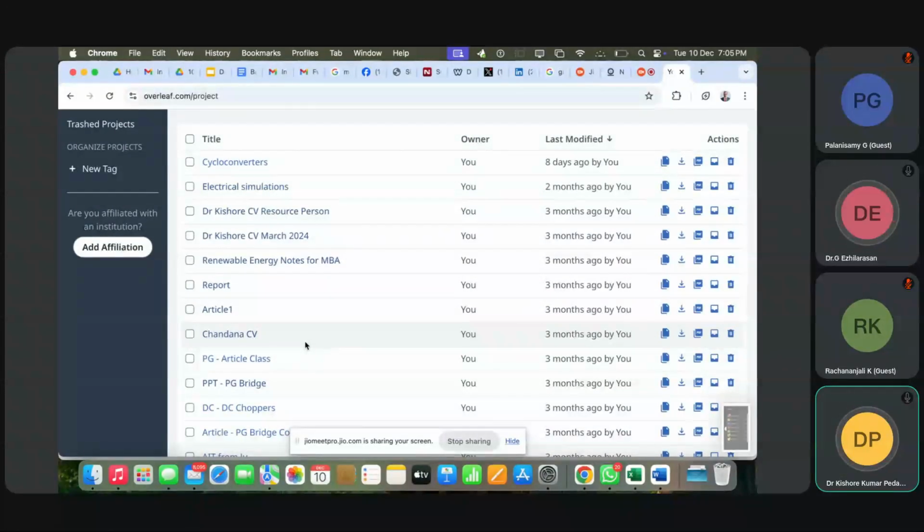The first one is paper, I mean research paper or article writing. The second one is report. It is one of the beautiful concepts in LaTeX because report writing is very important and very easy in LaTeX. I will show you this part also. The third one is CV. We can prepare our resume in a very nice and beautiful way.